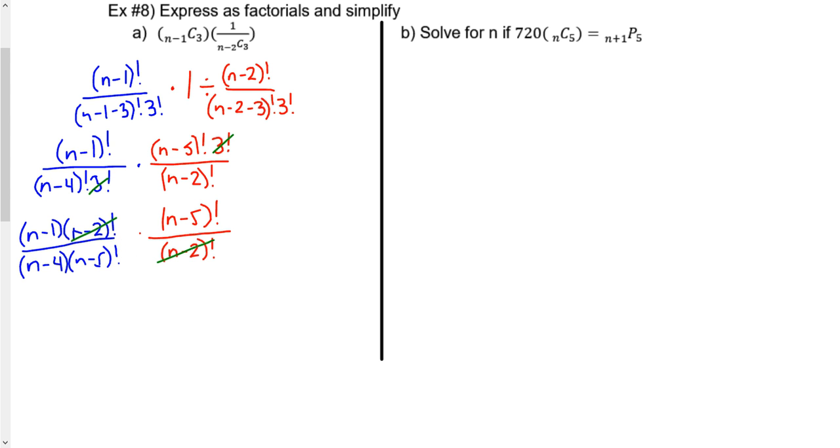Our n subtract 5 factorial cancel off with our n subtract 5 factorial, and we are left with an n subtract 1 over an n subtract 4. Not ideal, especially since we're not having to solve, this one is just simplifying.